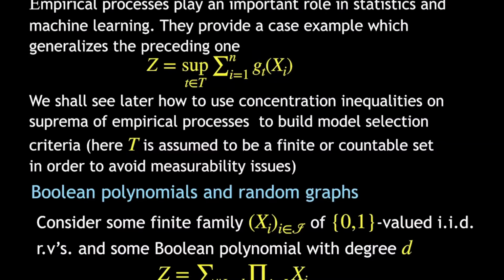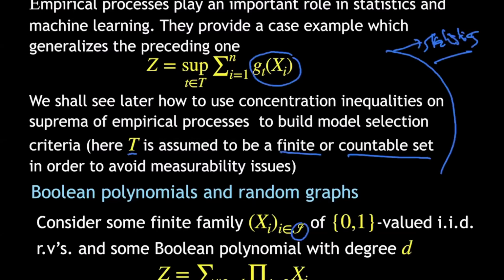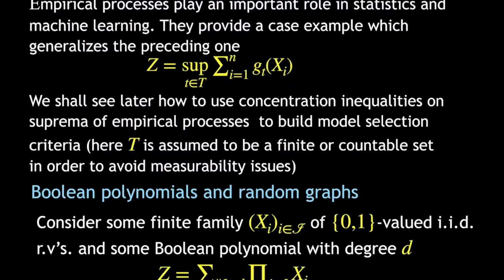So you simply consider a family of 0,1 valued random variables, which are IID, and you look at what people call a Boolean polynomial with degree D. That is that you are looking at products of the variable xi with a number of xi appearing in the products which is equal to D. And then you sum over all the possible sets with cardinality D in the family I here, calligraphic I.